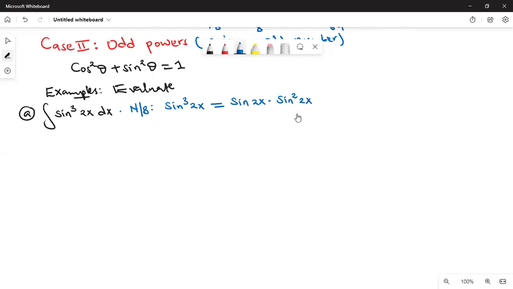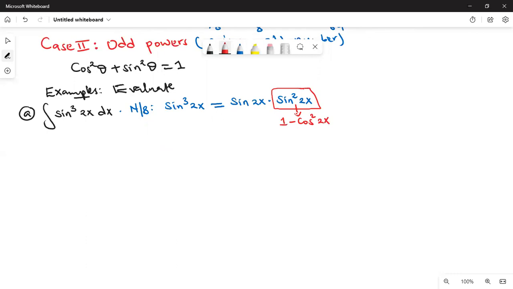But what is sine squared of 2x? Now use this identity. Sine squared theta is the same as 1 minus cos squared theta. So this is the same as 1 minus cosine squared of 2x.